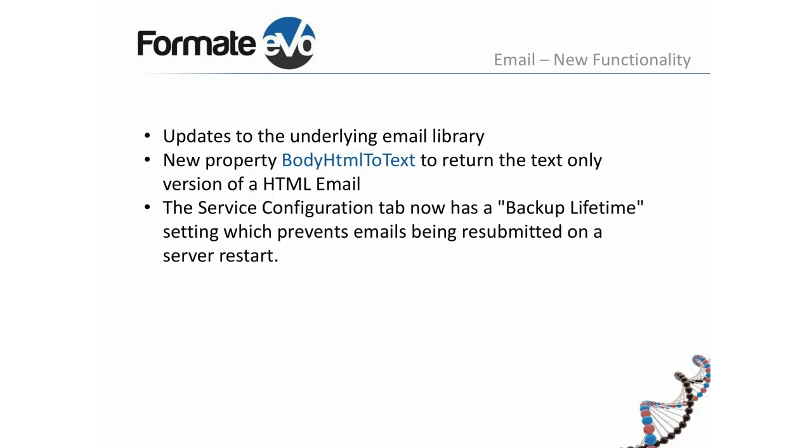One of the things that obviously changes is email connection protocols, and we've got to keep abreast of that so we can connect to all the email systems out there. One of the things that we've added is something called property HTML to text. Essentially what we're doing here is giving us the ability to take an HTML email and extract the text layer from it.